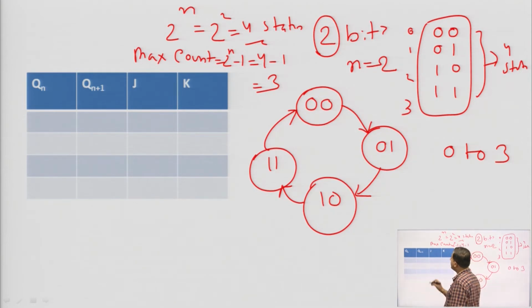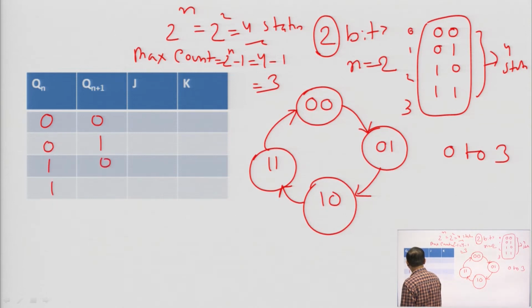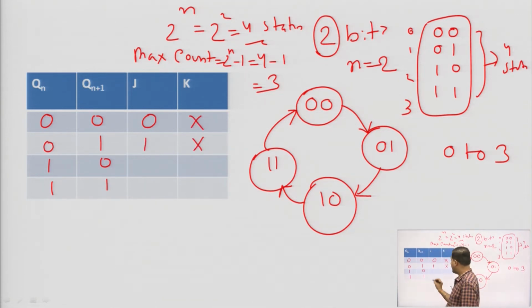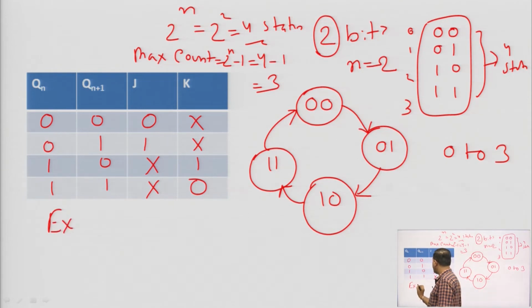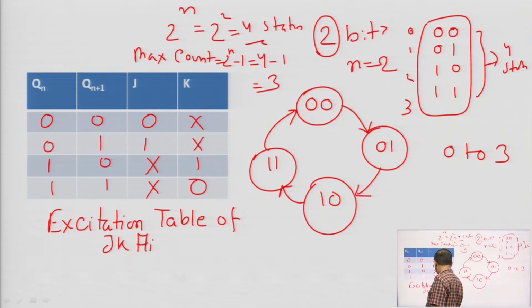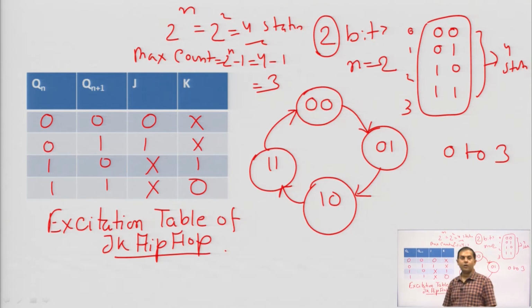We will write that excitation table: 00, 01, 10, 11, with 0 X, 1 X, X 1 and X 0. This is nothing but the excitation table of the JK flip flop. Okay, clear?